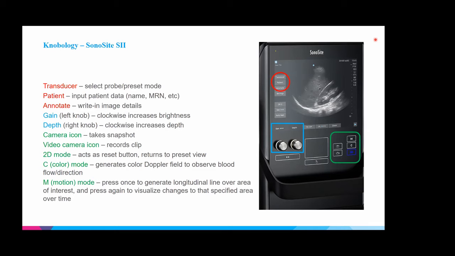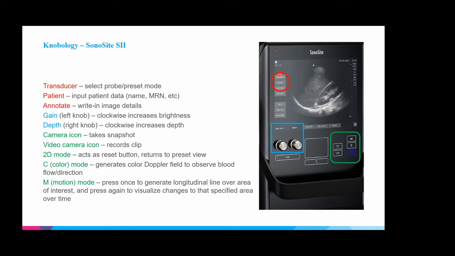And I highlighted the main things to look at and adjust when you're trying to get your views. With the red circle here, we have the top 3 buttons. The Sonosite's great because it's largely touchscreen. The top one is your transducer button, and that's going to help you select which probe, whether it's the linear or the body probe, and which presets you want to assign.